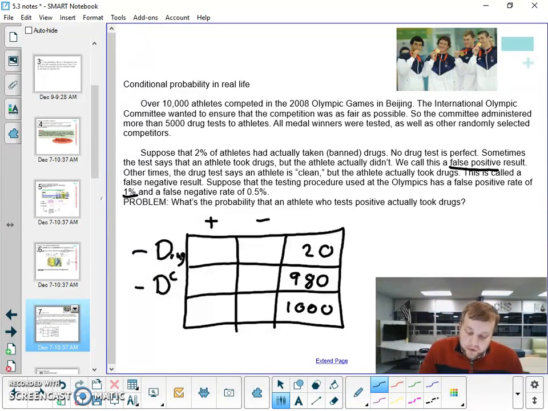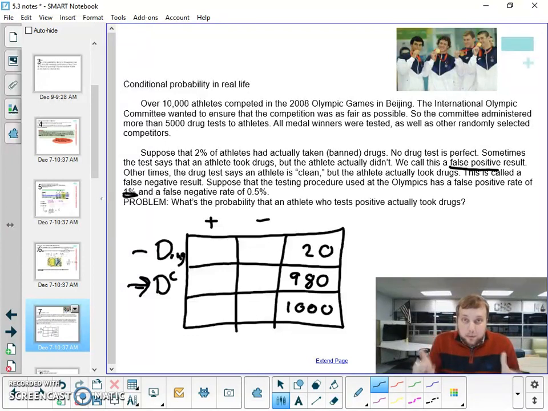Now here's the deal, as it says, a false positive is when you did not take drugs. So that would be these guys right here, right? They did not take drugs, however, it flagged them as druggies, right? Okay, so that happens 1% of the time. Now remember, we only really care about the people who don't take drugs, right?